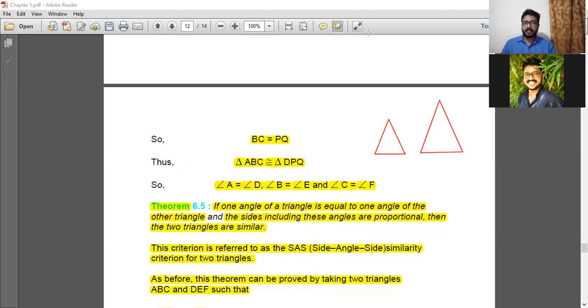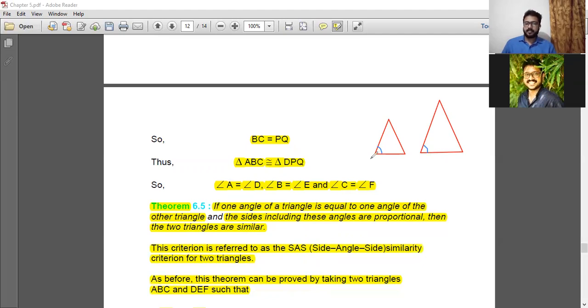And what we are given is that suppose this angle and this angle are equal.